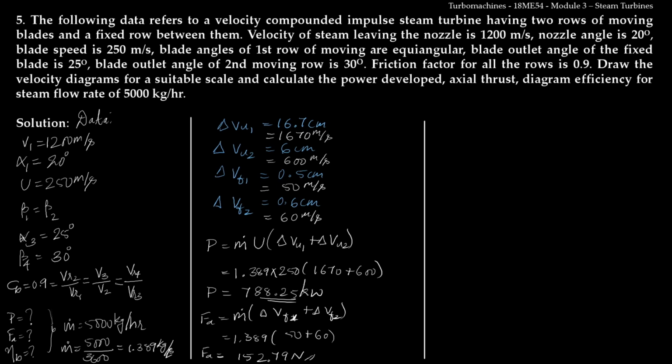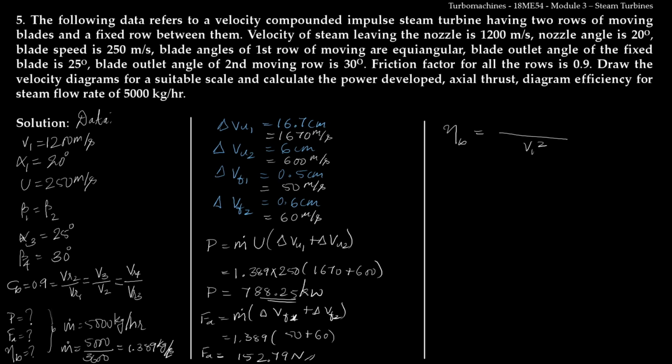Now I need to find out the diagram efficiency. So here they haven't given the nozzle efficiency, so the diagram efficiency will be equal to the blade efficiency. And if you remember, for an impulse turbine, always the input will be equal to the kinetic energy of the fluid. So here we are dealing with energies.